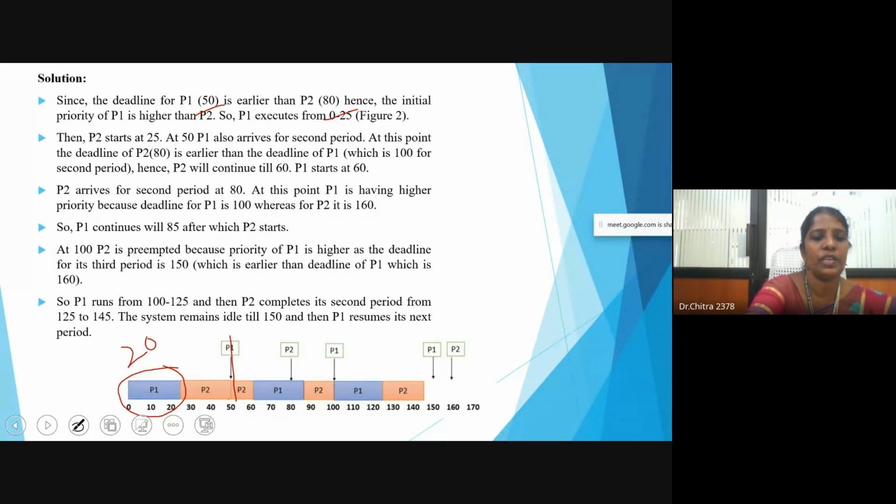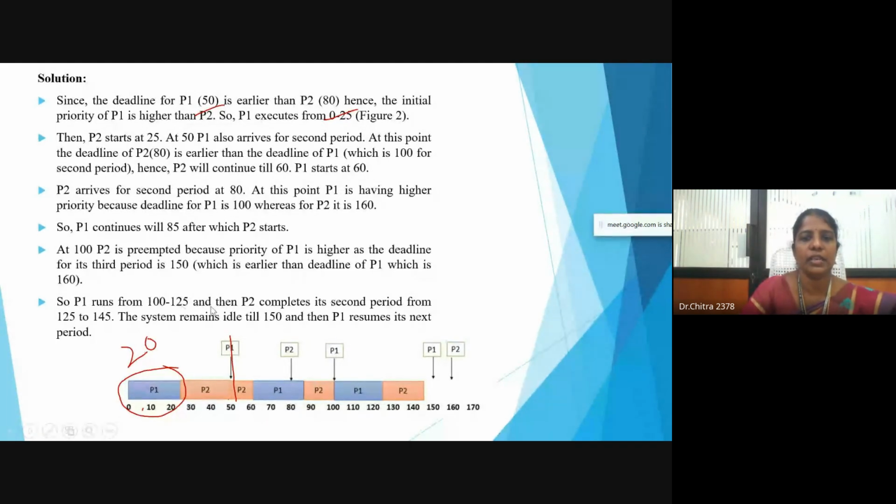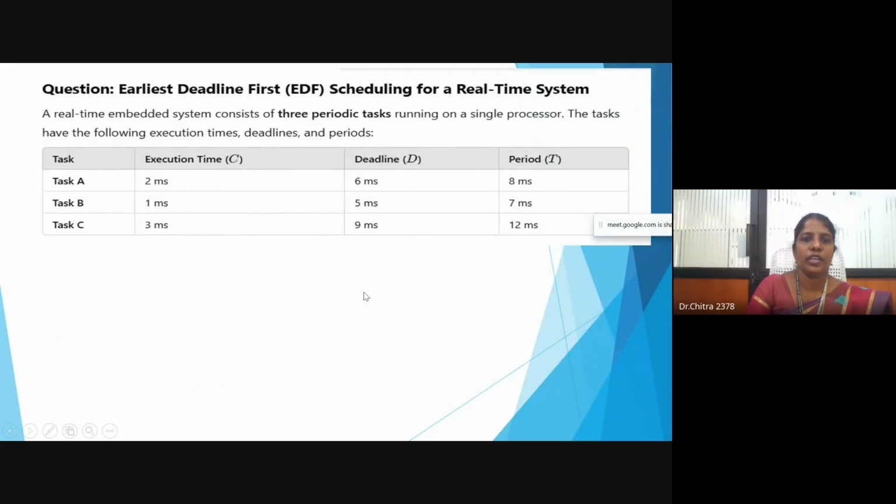Before 50, P1 is executed. In the same manner, before 80, P2 must be executed. For P2, 10, 20, 30 clock cycles are executed before this deadline. We will solve another problem. You can understand this one.